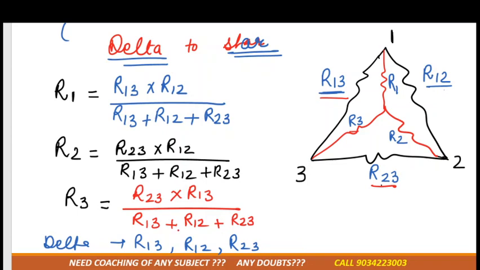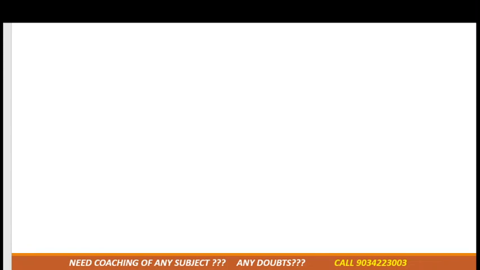So this is the connection for delta to star. Similarly we can do it for star to delta as well. For star to delta, we have star values and we need to convert them into delta.